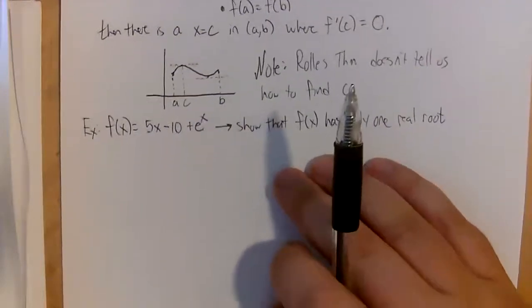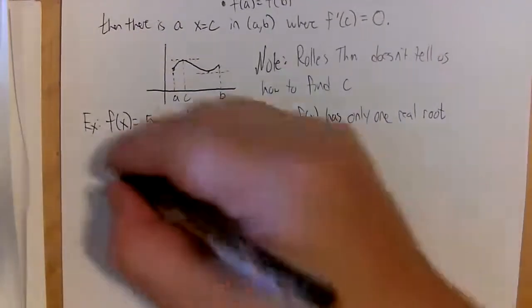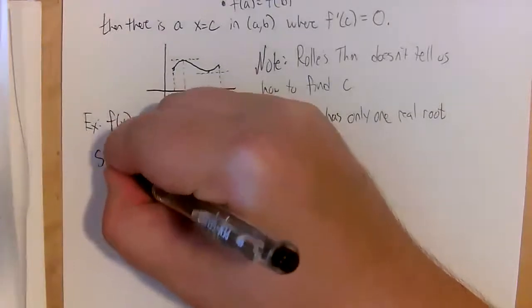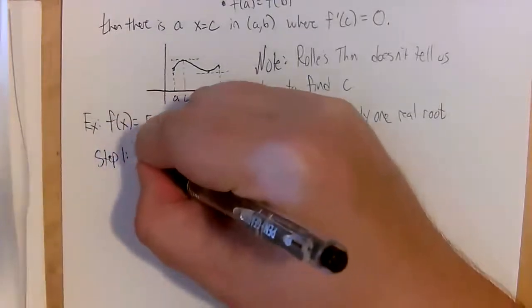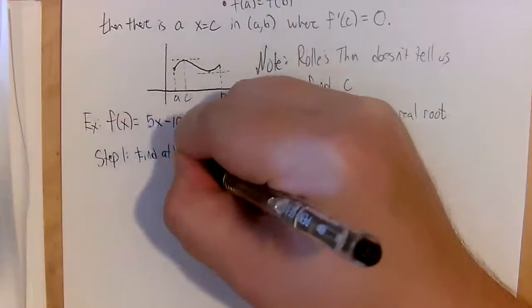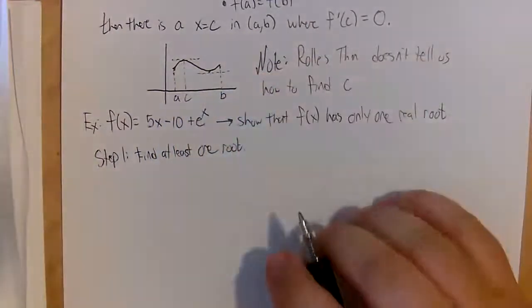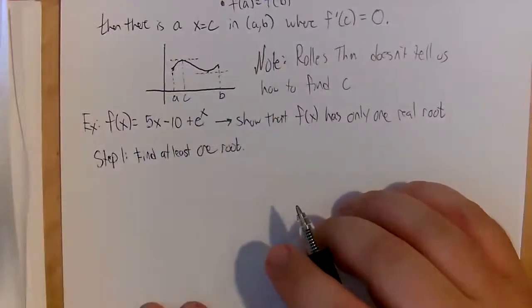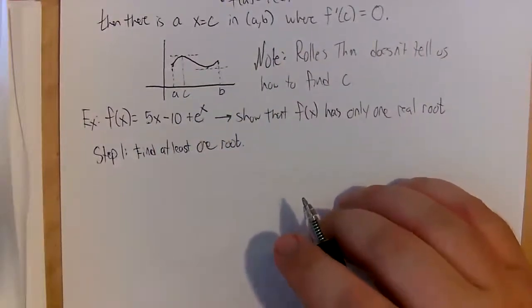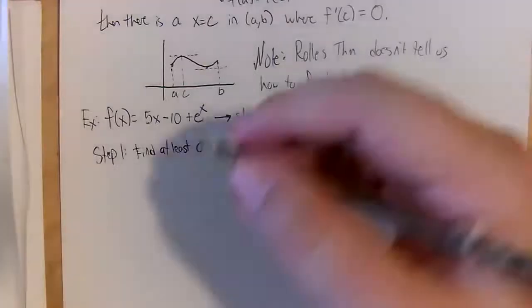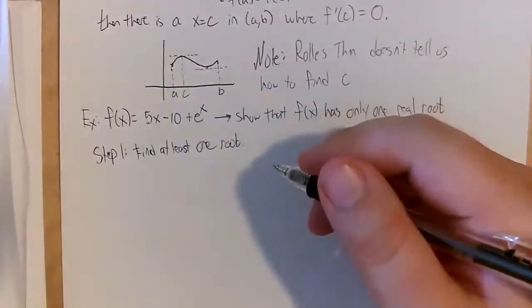Okay, so this type of problem has two steps. Step 1, find at least one root. How are we supposed to find out if there's one root? Well, you may remember back many lessons ago, we learned about something called the intermediate value theorem.